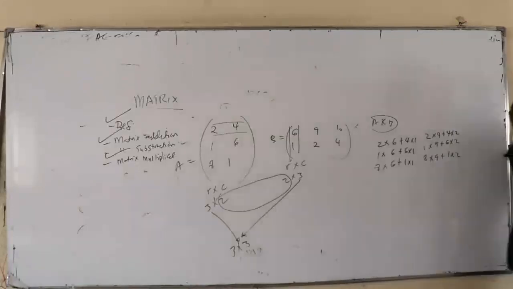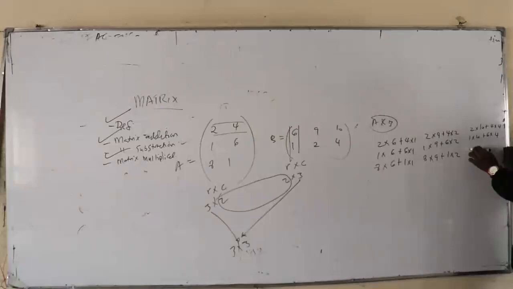The third one will be 2 times 10 plus 4 times 4. Then the other one is 1 times 10 plus 6 times 4. The other one is 8 times 10 plus 1 times 4. So you work out these ones and you shall obtain your matrix.